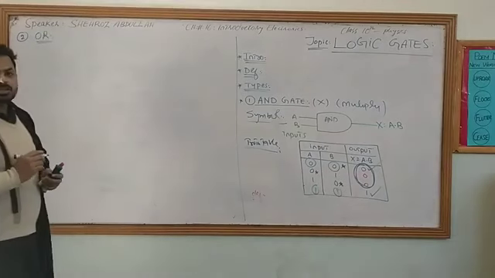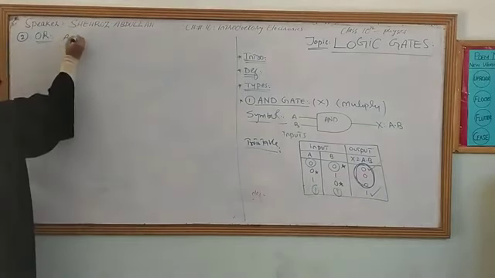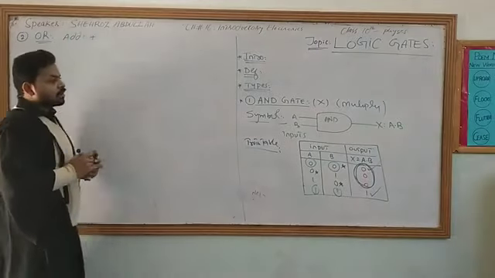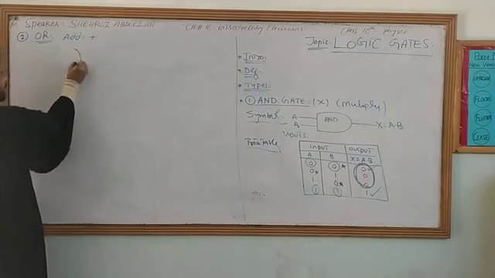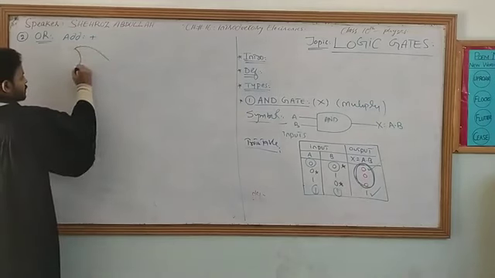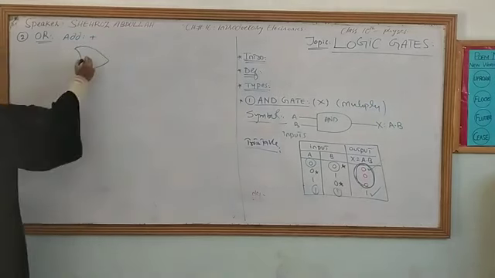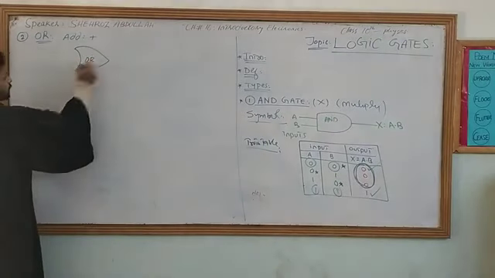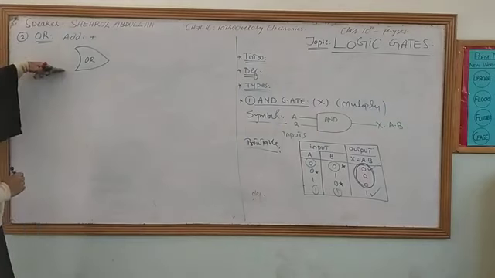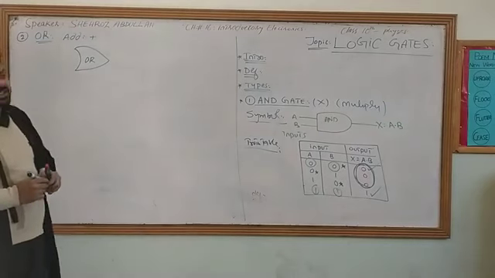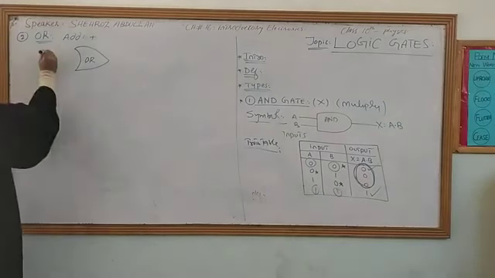The gate which is used for the addition of binary digits is known as the OR gate. The OR gate can be represented like this. This is the OR gate. The OR gate is that type of gate which is used for the addition of binary digits.